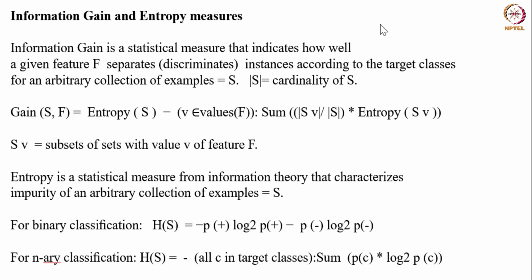I will now talk about one of the most frequently used measures in this kind of algorithm, often referred to as information gain, an entropy measure. So there are two parts here. The first part, if we start from the top, is the information gain.